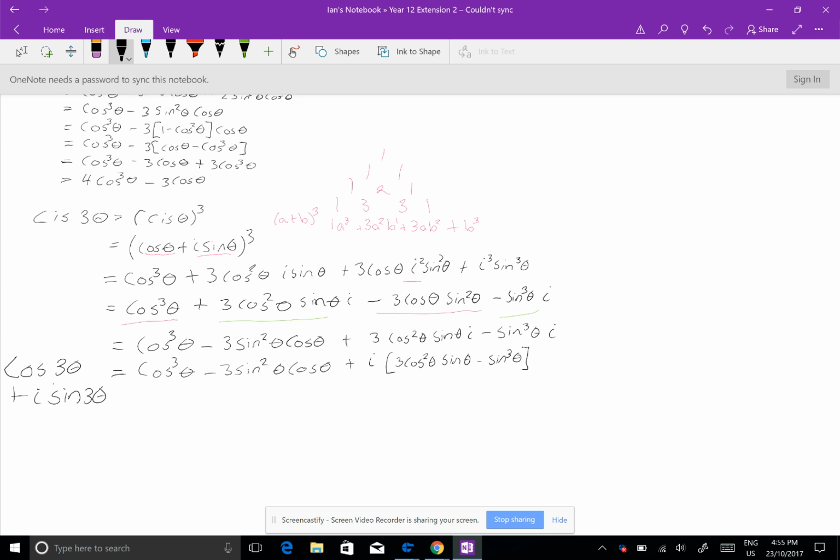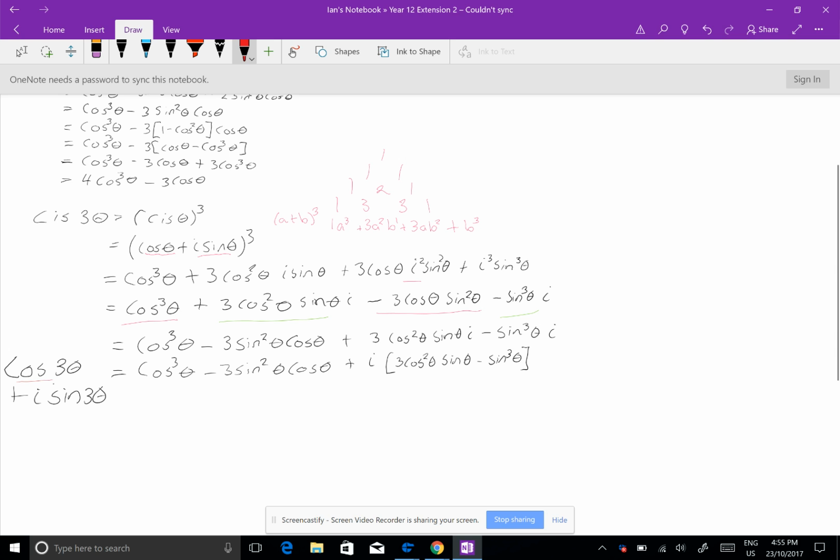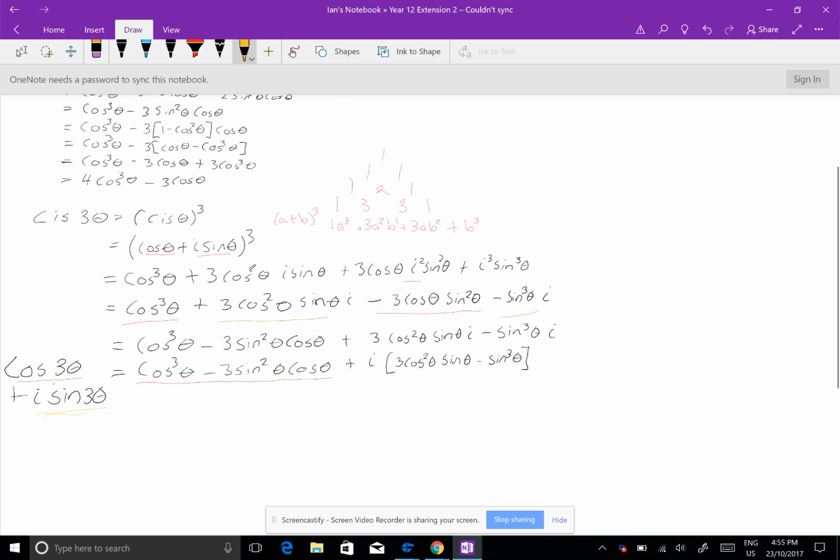Now, if they're equal, well then the real parts should be equal, and so should the imaginary. So cos 3 theta should be equal to that. And I sine 3 theta will be equal to what goes with the imaginary part.